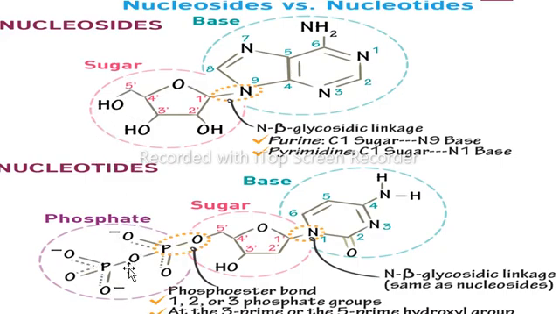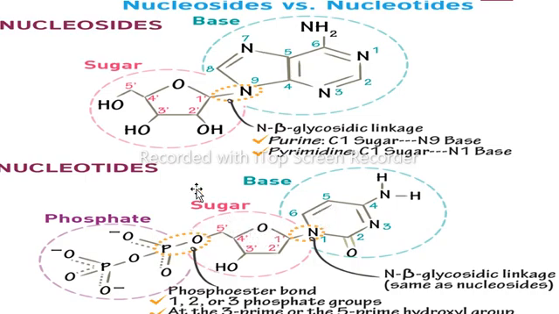The nitrogen base bonds with pentose sugar. Carbon number 1 of pentose sugar bonds with N1 of pyrimidine by a beta N-glycosidic bond. The carbons of sugar are denoted by prime to separate them from the carbons of nitrogenous bases.